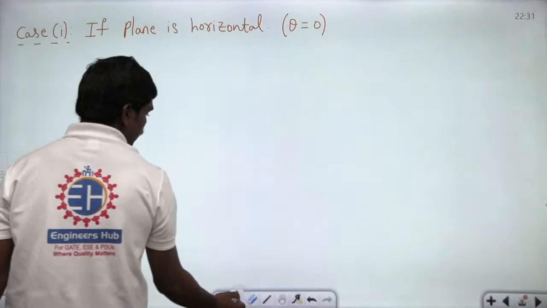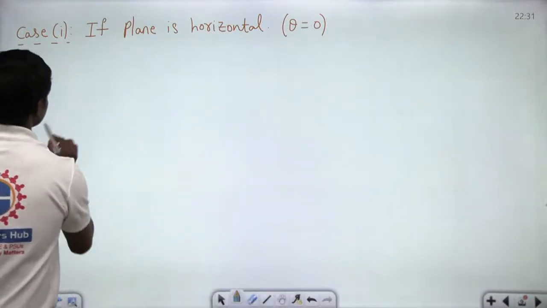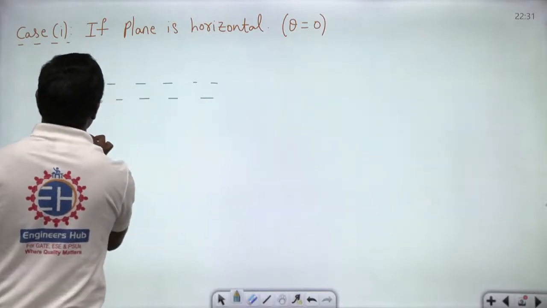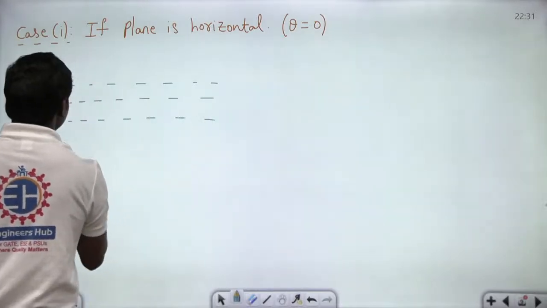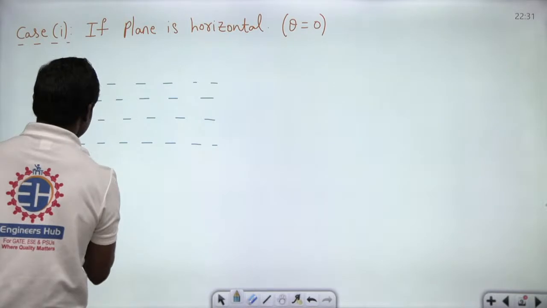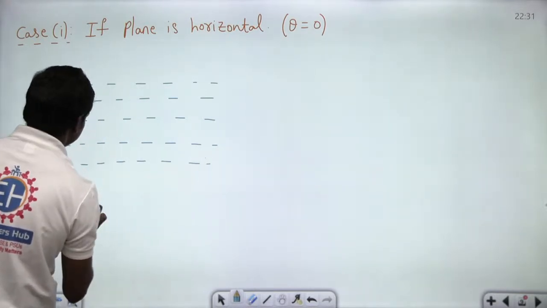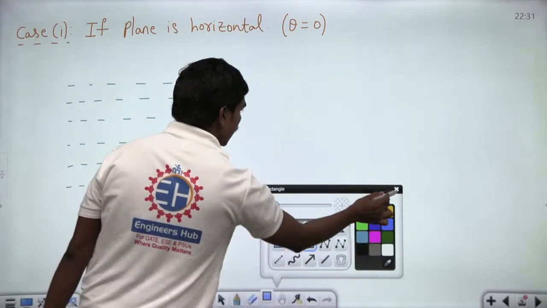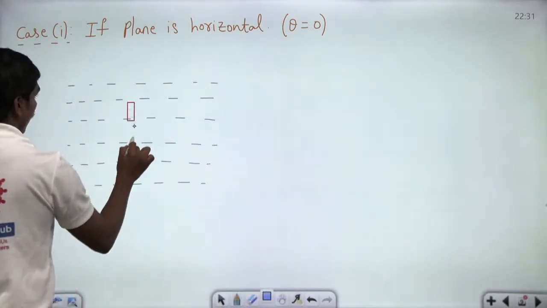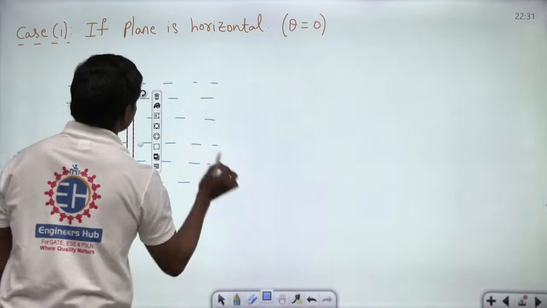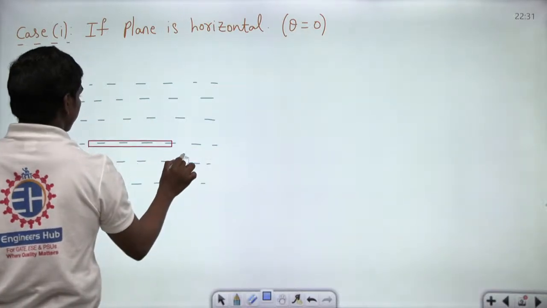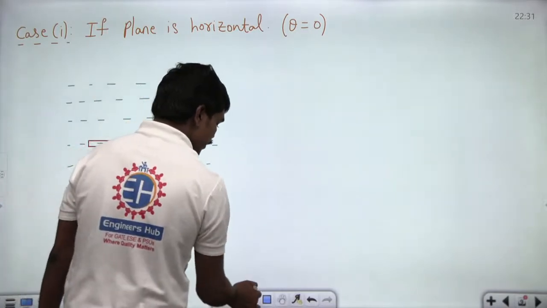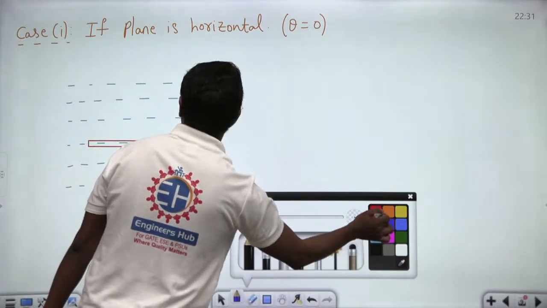When this plate is horizontal, let us suppose this is the case and your plane surface is horizontal. Okay, fine. Now it is horizontal.